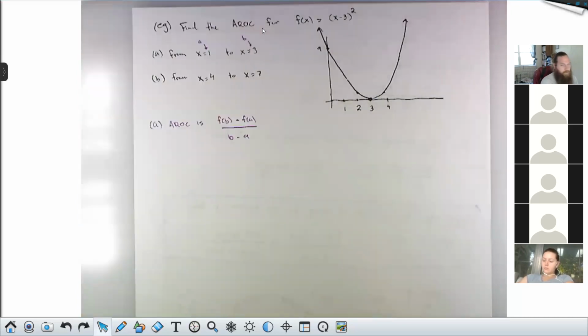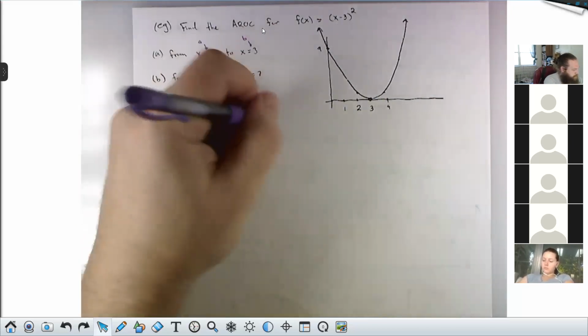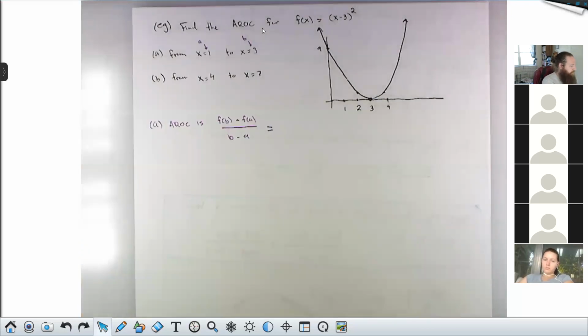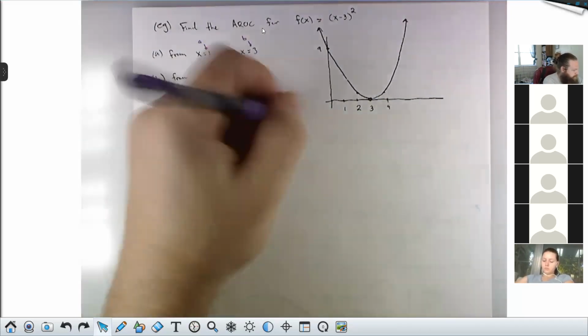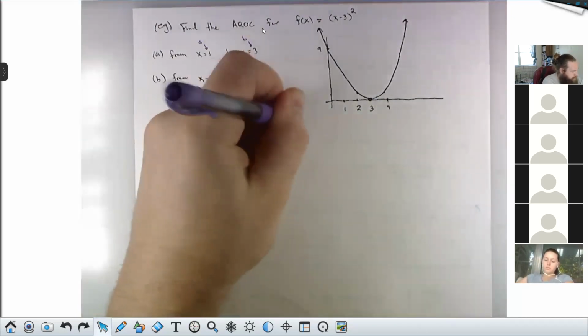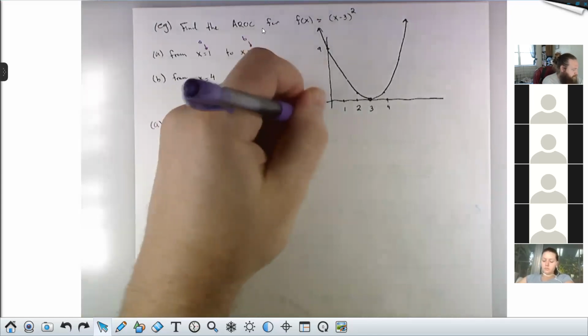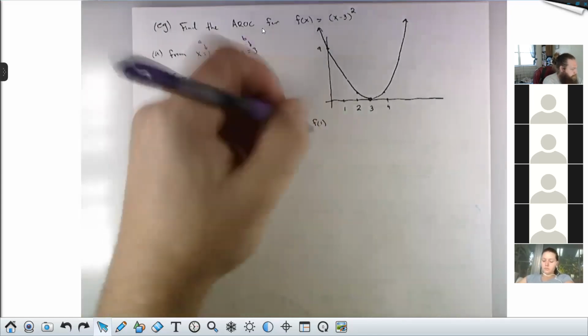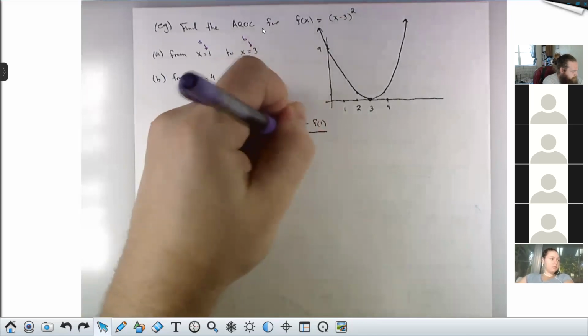All right, a is always the smaller number. b is always the larger number. So what's that going to be here? Well, this is going to be f of 3 minus f of 1 over 3 minus 1.